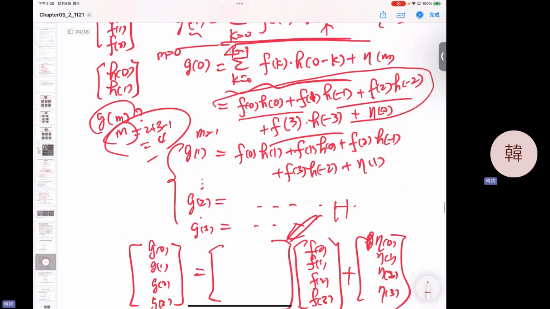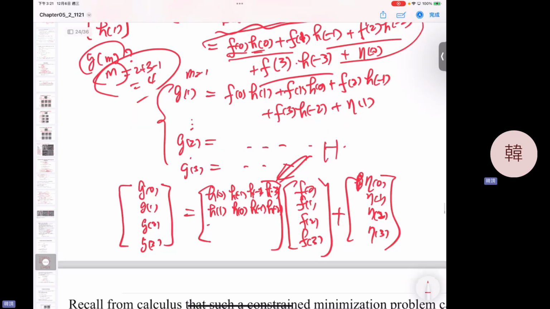You can see F0, the first one, the first row of data should be H0 times F0. Okay, the matrix operation. And the second one should be H minus 1. The third one should be H minus 2 and H minus 3. And this one should be H1, H0, H minus 1, H minus 2.